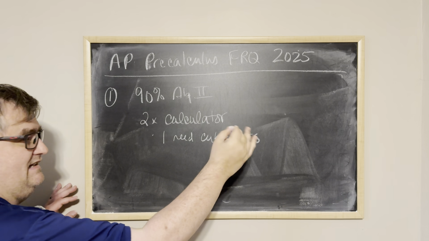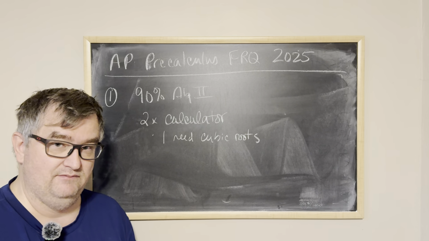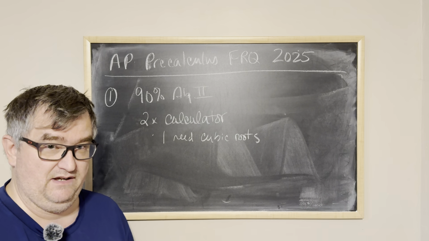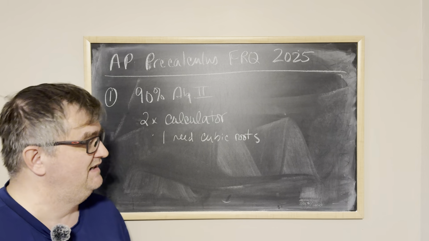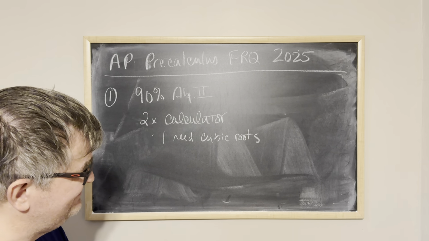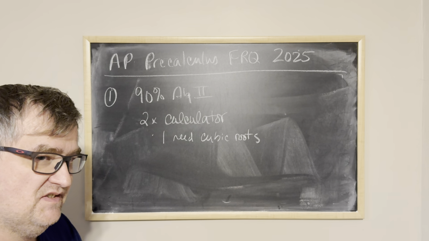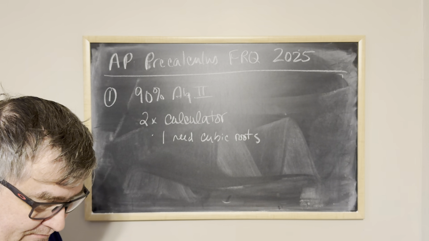One of those needs cubic roots. And so you need to know how to do that on your calculator, because the cubic formula is often not taught in the United States, and therefore that could be a loss of a couple points looking at the grading part of it.